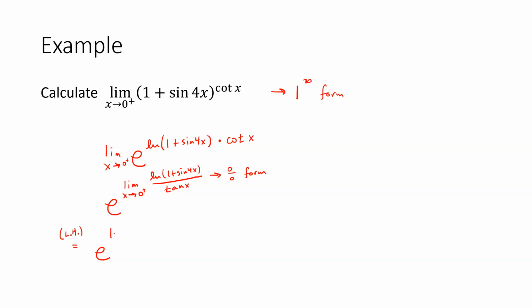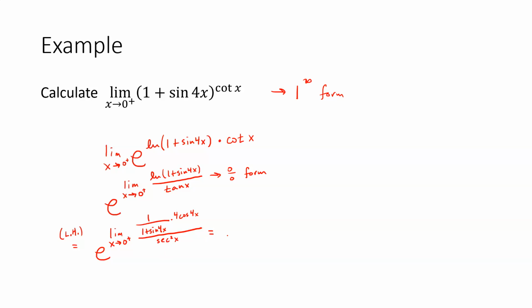So after I take the derivative of the numerator and denominator of this expression, ln of 1 plus sine 4x, so that'll be 1 over 1 plus sine of 4x, times the derivative of sine of 4x, which is 4 cosine 4x. Okay, so that was just taking the derivative of ln of 1 plus sine 4x, and then the derivative of tangent is secant squared.